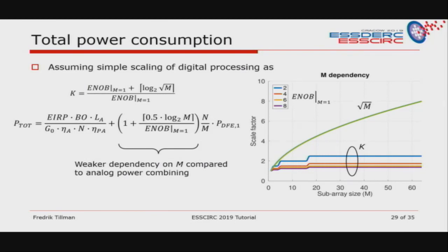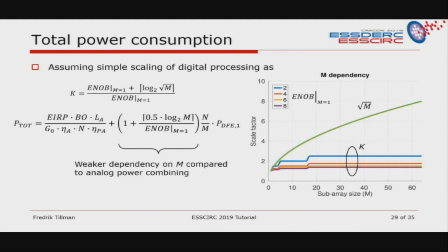So what's illustrated by the curves here is that especially when you have a significant dynamic range, so let's say quite many bits in the digital to handle the ENOB for one branch, then the scaling will be very advantageous.